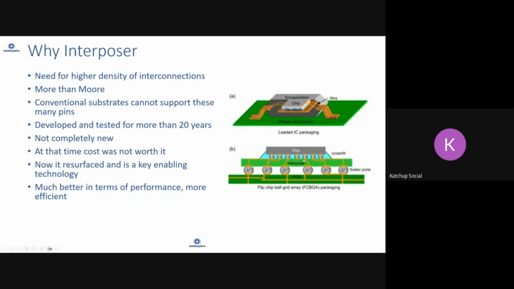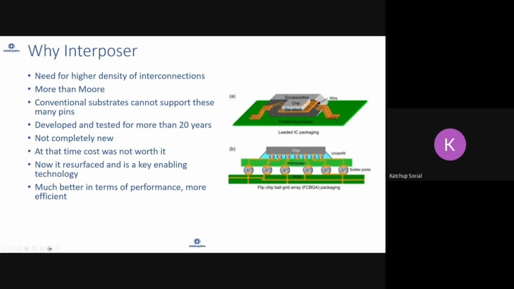This allows us to increase the density of interconnection. Wire bonds have a specific size and specific distance, but interposer technology allows you to have a higher density of interconnections. Conventional substrates, for example a printed circuit board, cannot support this many pins.